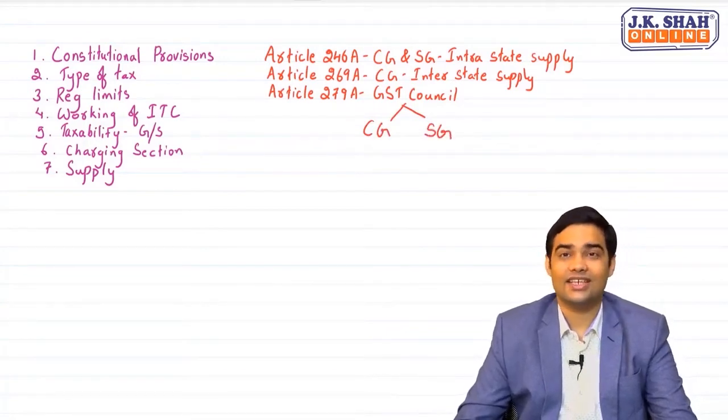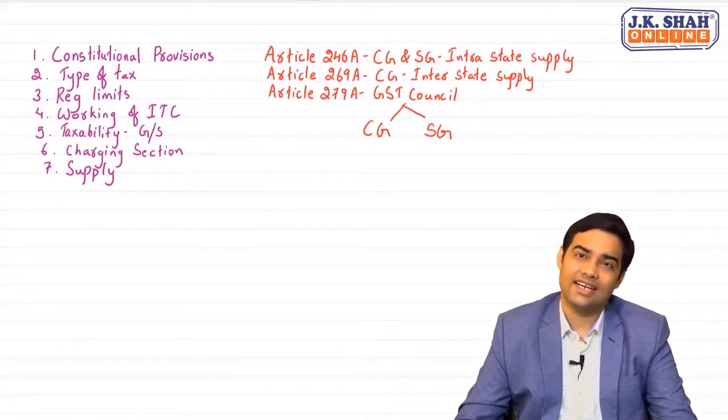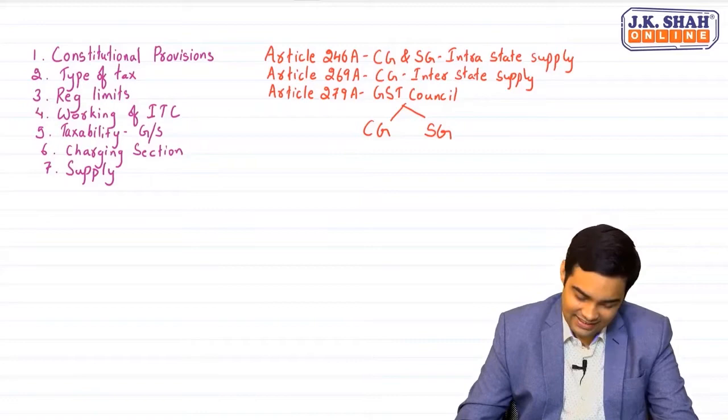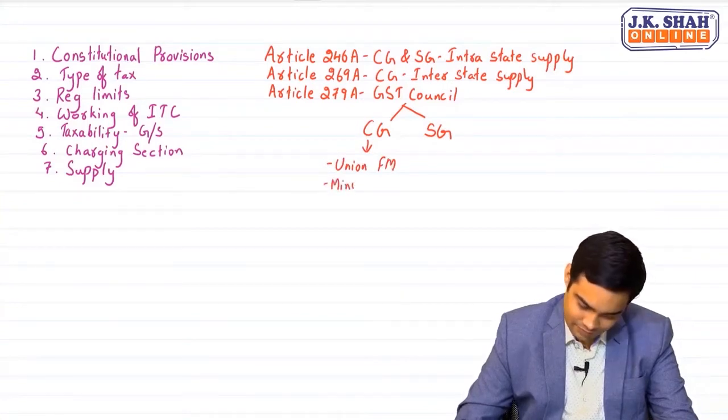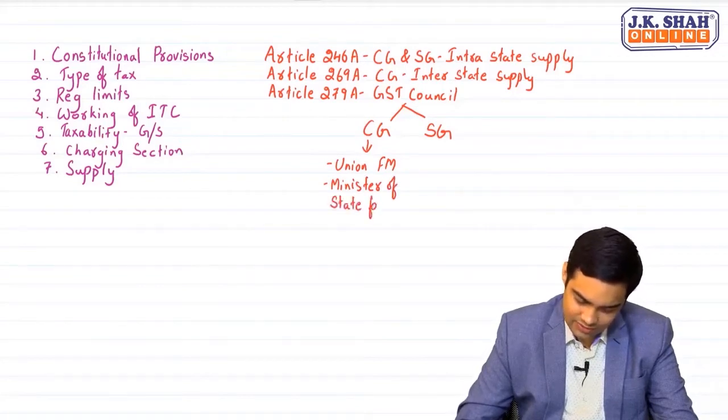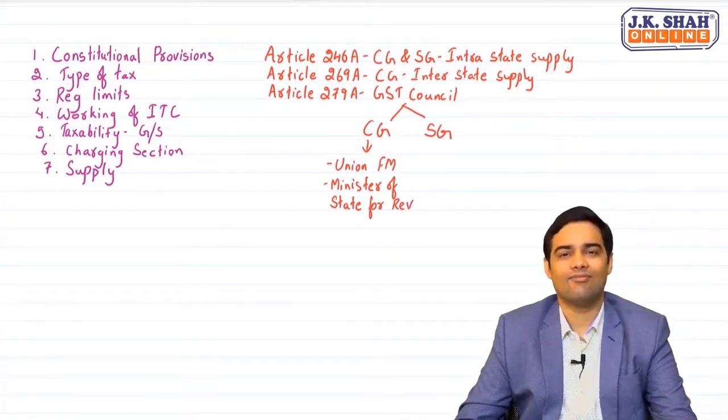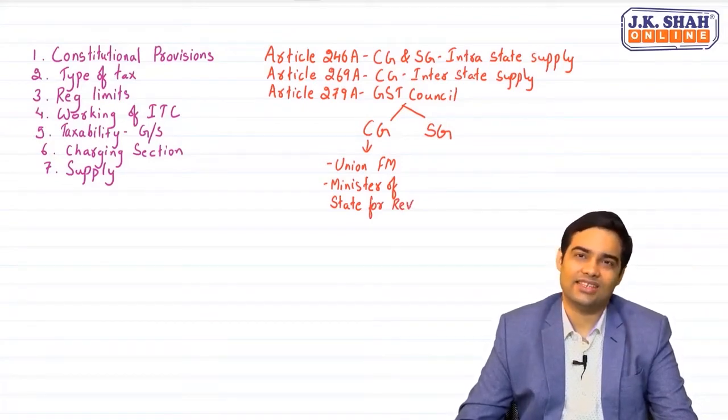Now, the question arises, who is the representative on behalf of central government? The law provides that there would be Union Finance Minister and Minister of State for Revenue. So these two represent central government in the GST Council.